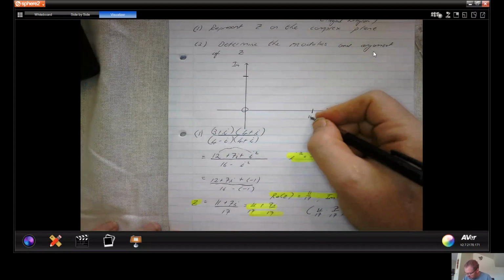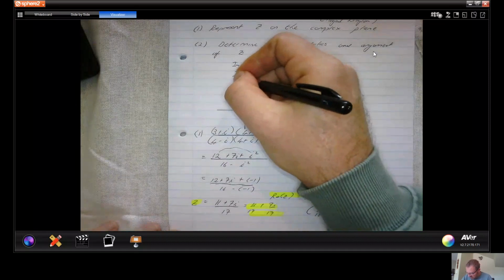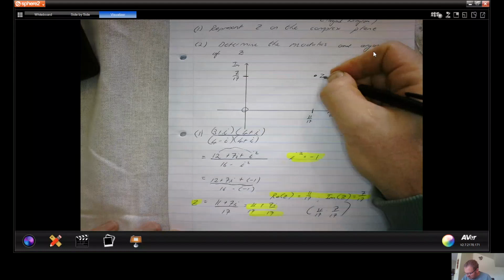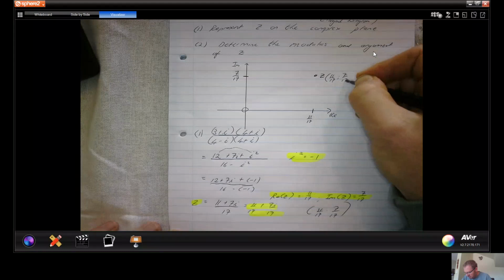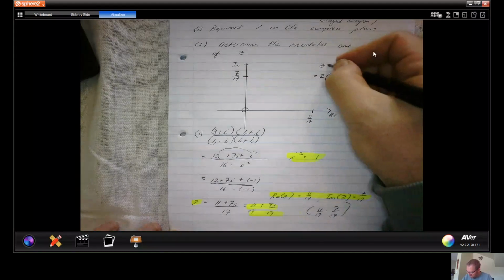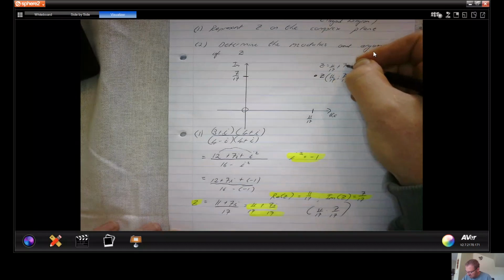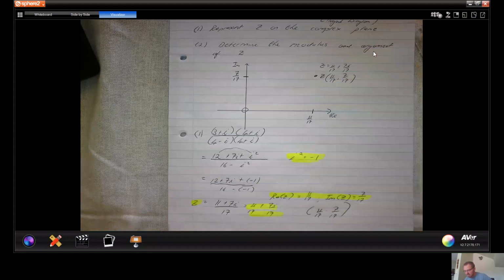So 11 over 17, if that was here, 7 over 17 would be somewhere over there. So your point, that's Z, is 11 over 17, 7 over 17. Or you could write Z is equal to 11 over 17 plus 7i over 17. I generally just write the point over there.